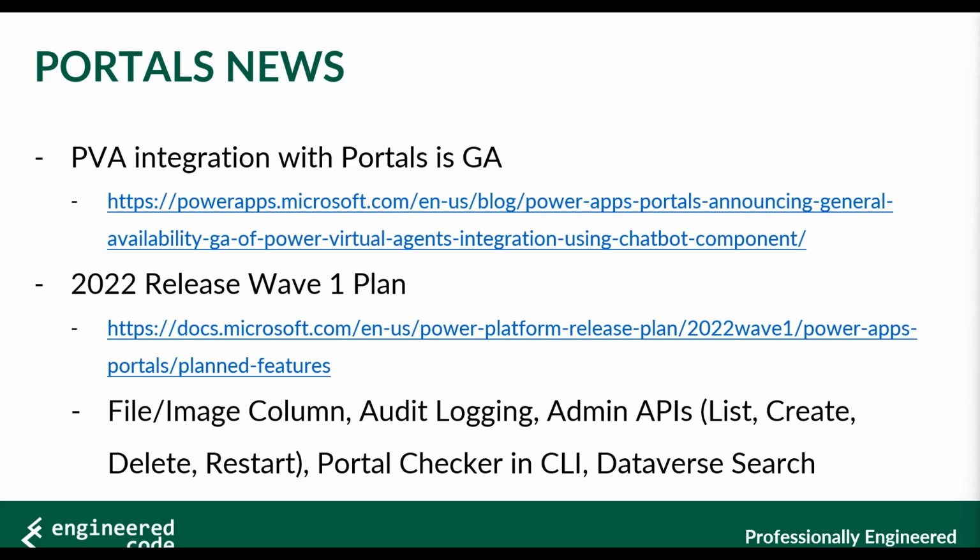So if you want to improve your ALM process, and if you're creating organizations or Dynamics or Dataverse environments as part of your ALM process, you can script and create the portal as well. They're adding portal checker calls to the Power Platform CLI, as well as the Dataverse search, which is now in preview, I believe, but is going to be generally available. So that was part of the release wave plans as well.